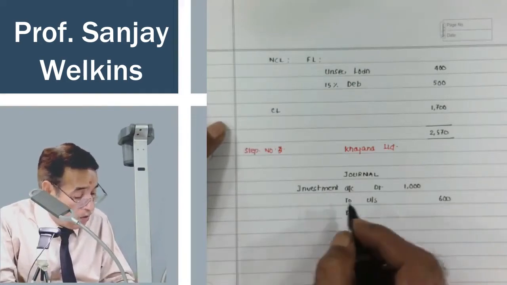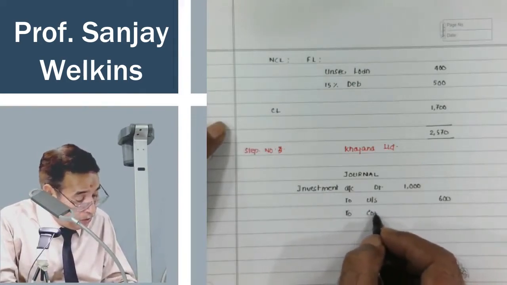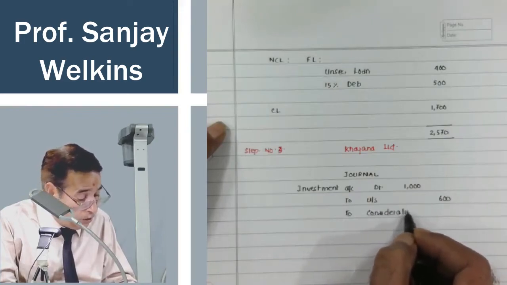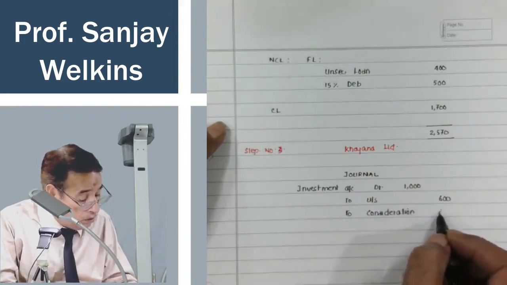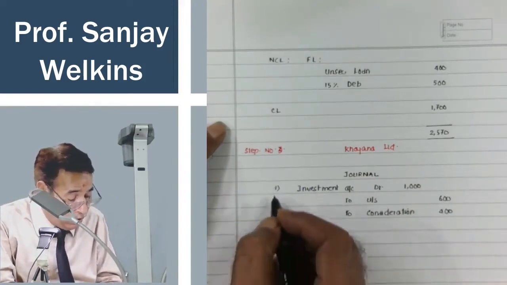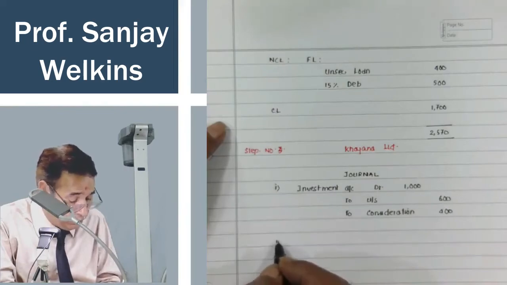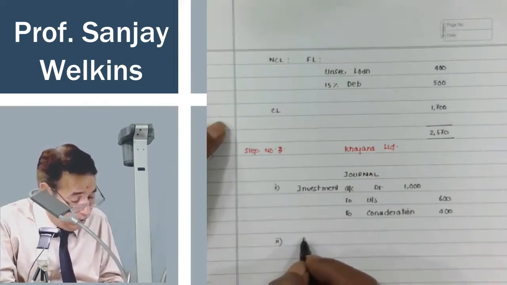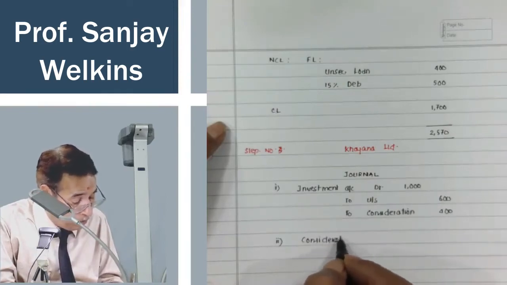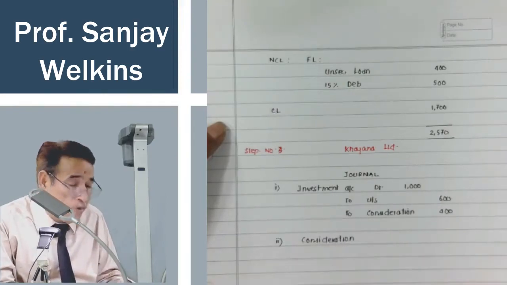Then, to consideration. They are supposed to pay a consideration of 400. This is the first entry which Khajana Limited will pass in its books. Next one is discharge of consideration. Consideration account debit.